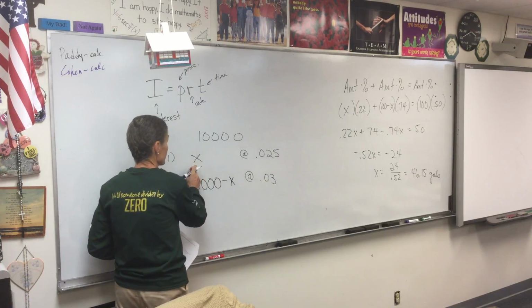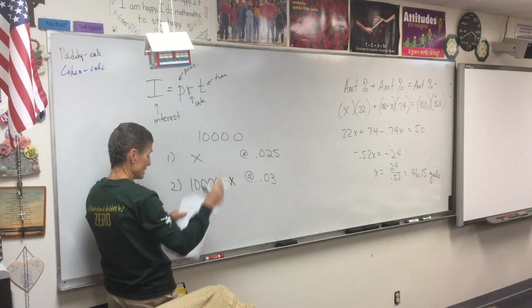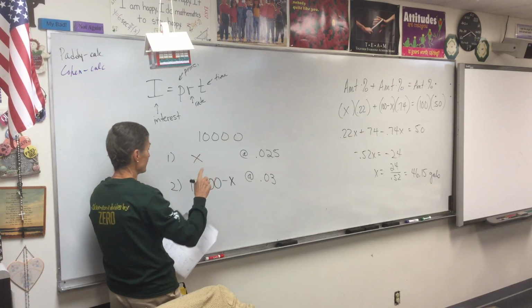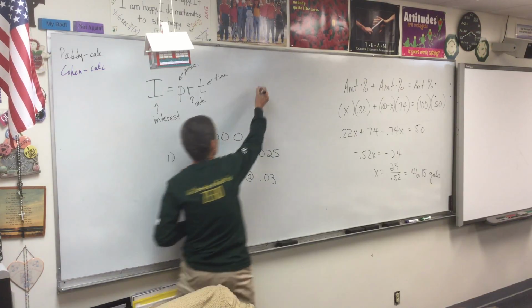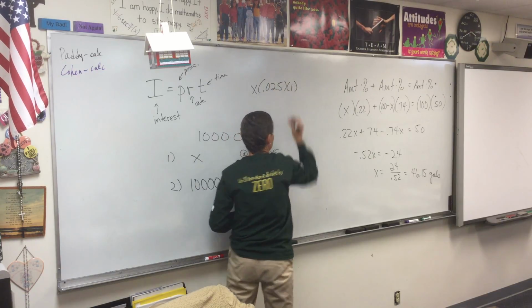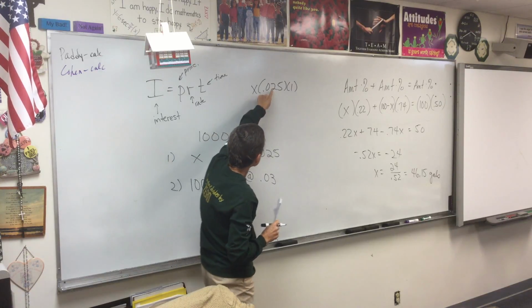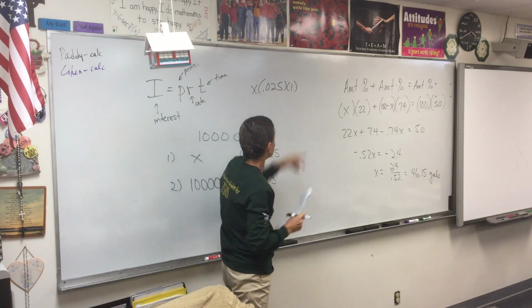So this is my principal, this is my rate, and it's for 1 year. It says at the end of 1 year. So I'm going to take X times 0.025 times 1. That's principal times rate times time.